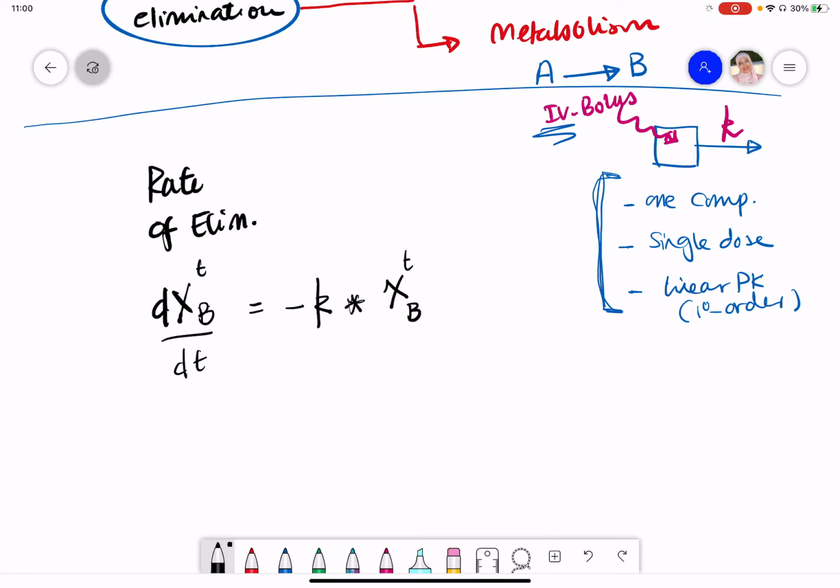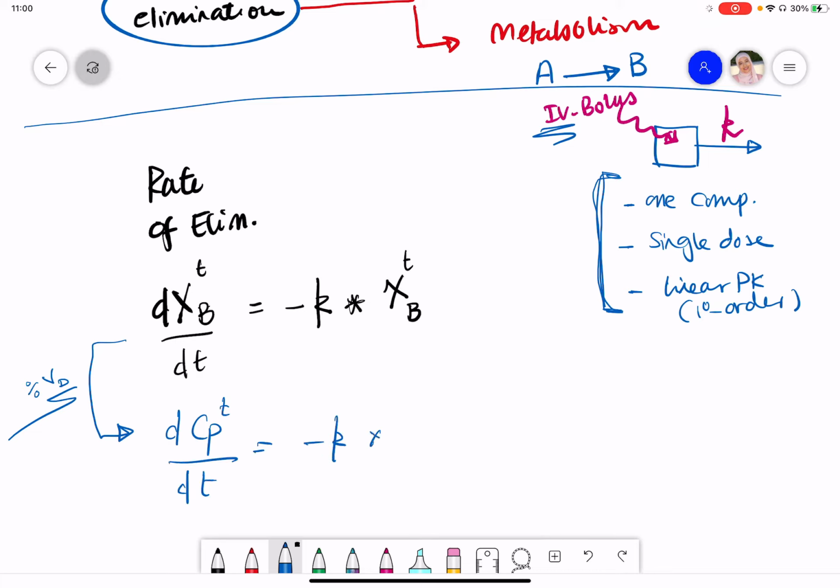And we were able also to use a similar equation, but in concentration terms, because we know that the volume of distribution is a constant term. We were able to describe the same thing: dC over dt equals minus k multiplied by the measured concentration of the drug at certain time.